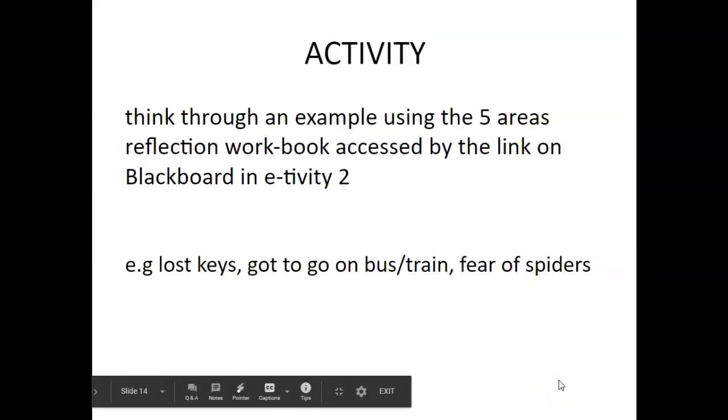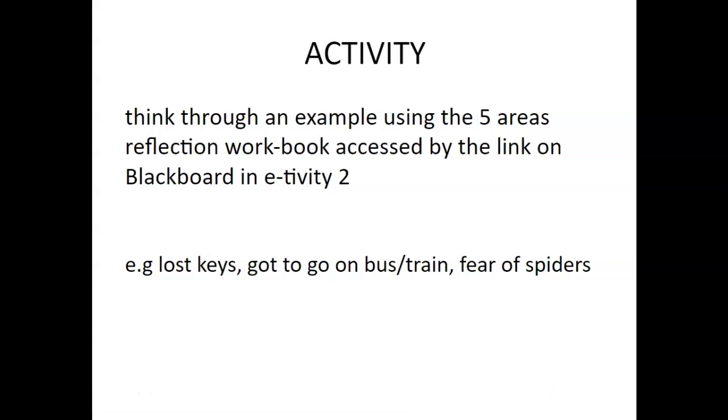So what I'd like you to do now is have a go at filling one of these 5 areas reflection workbooks in. You will find this in eTivity 2 on Blackboard. If you click the link, it will take you to a PebblePad workbook that you'll be able to fill in and save to your own asset store. Have a think about something that's happened to you, maybe recently or in the past, or an example of somebody else if you can't think of anything.